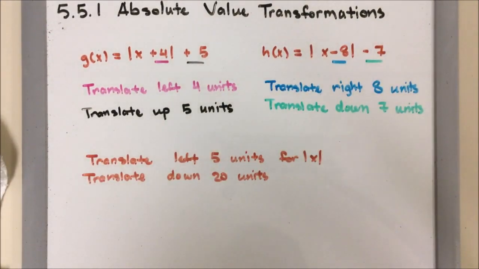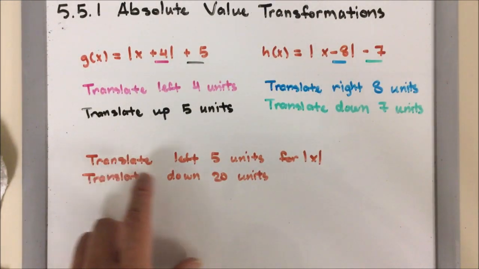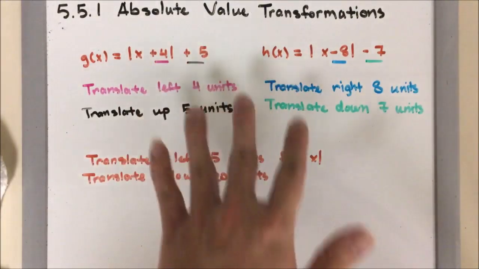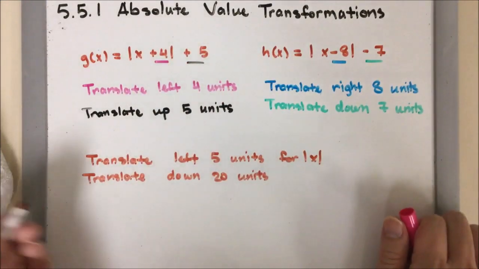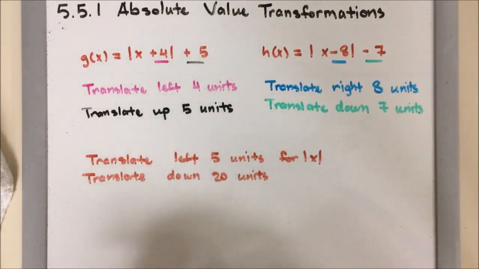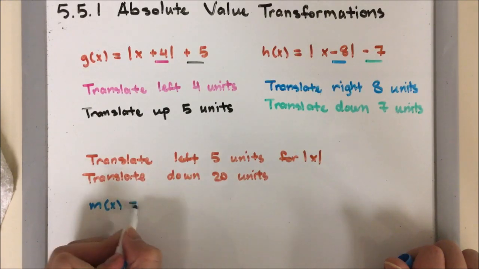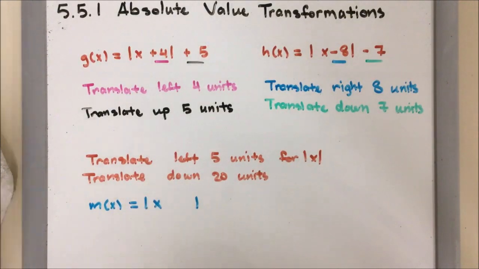So in our next example, you can pause to copy down the example. Here it says translate left 5 units for absolute value of x, and translate down 20 units. So if we use the two previous examples that we worked on before, say I use m of x equal to the absolute value of x.